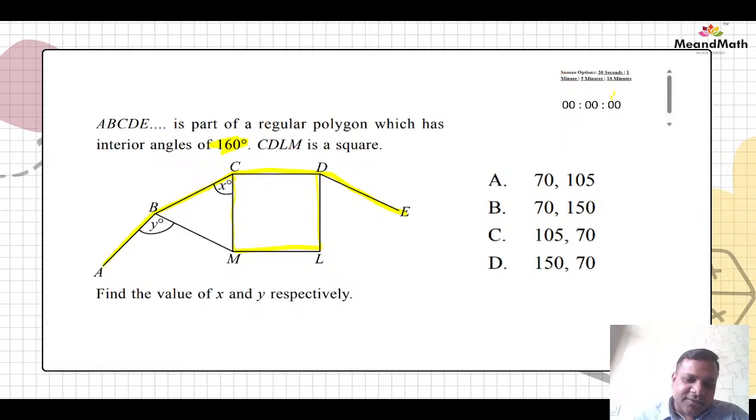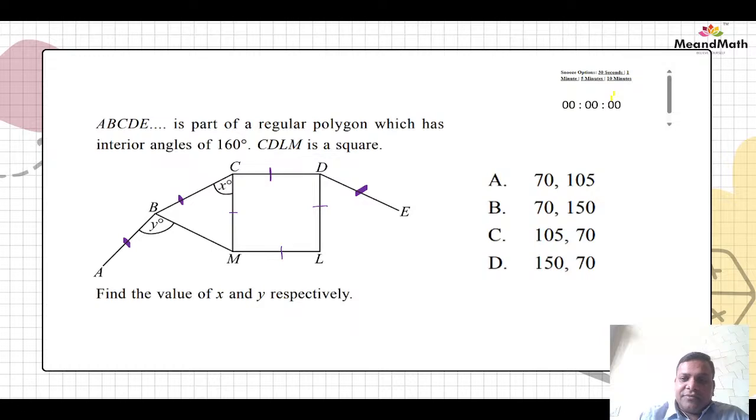Okay, let's solve the question. So I'll remove the drawings here. This side is equal to this side is equal to this side is equal to this side, right? All sides are equal. If all sides are equal, that means this is also equal because it's a square.